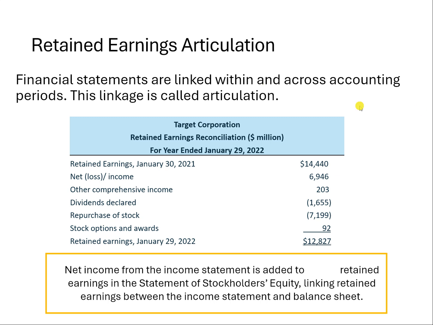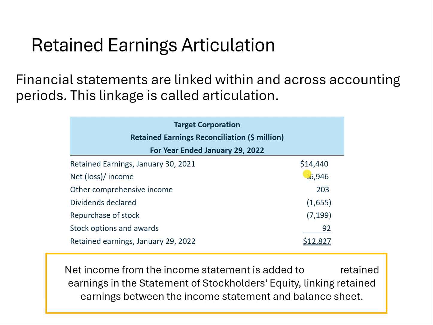As we mentioned, financial statements are linked, and we call this linkage articulation. Retained earnings is a very important tool to link net income and the balance sheet. We have the retained earnings from the ending balance of the previous balance sheet.